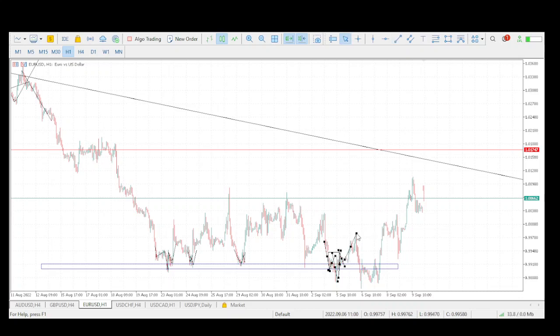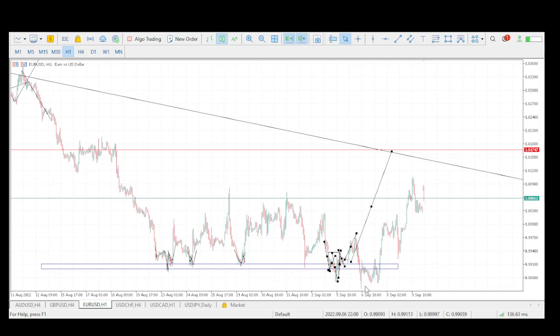The analysis that I did on Sunday, you can check the previous video please, was that the price would get to this point, right? But when the price formed the inverse head and shoulder pattern here, the price started going up. When it got here, it started coming down again.